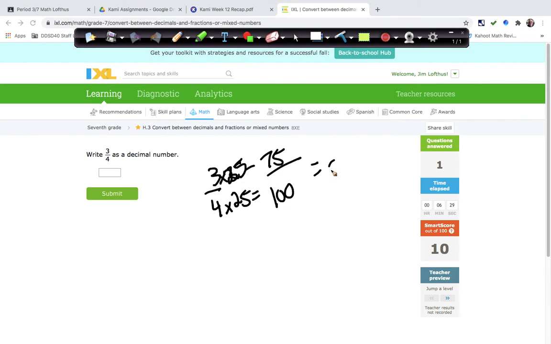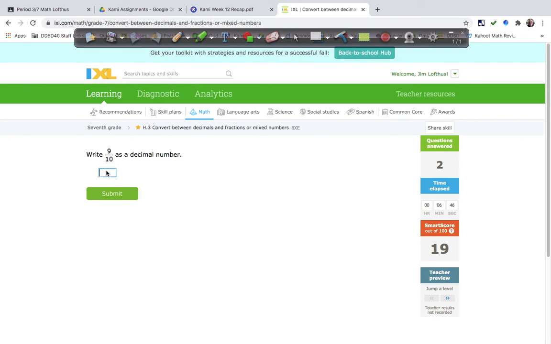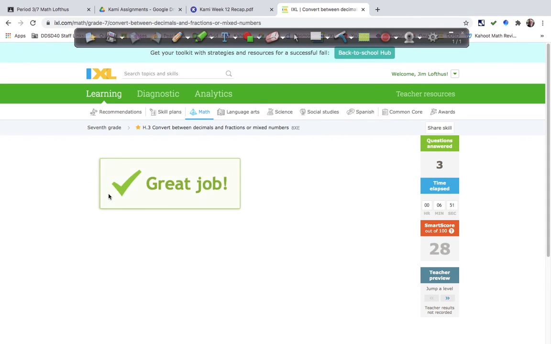So this is equal to 75 hundredths. Really practice saying that instead of point, and you should improve on this quite a bit once you just practice saying place value. Okay, I can literally just say this one, 9/10, as I'm submitting it.